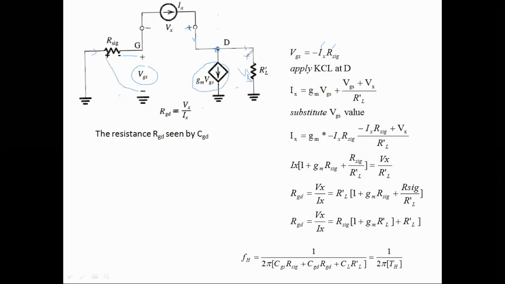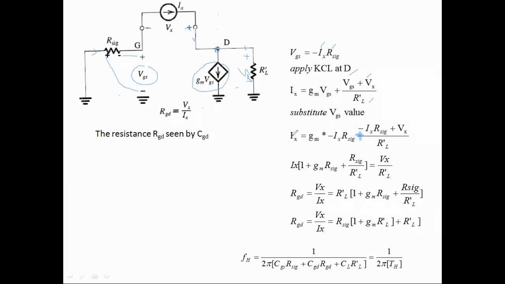VRL dash is this voltage equal to this voltage plus this voltage, so VRL dash equals VGS plus Vx, divided by RL dash. Substitute VGS equal to minus Ix into Rsig here. Ix equals gm into minus Ix into Rsig, plus minus Ix into Rsig plus Vx by RL dash.